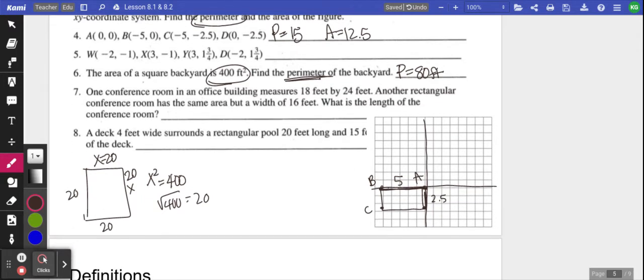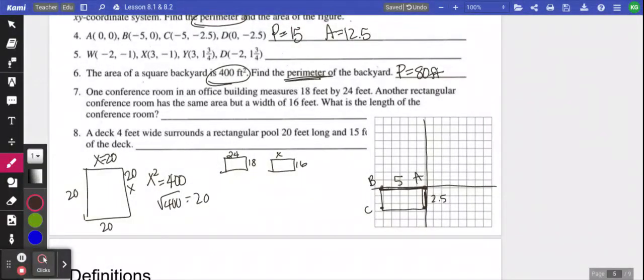Number 7 says one conference room in an office building measures 18 by 24. Another rectangular conference room has the same area, but its width is 16. What is the length? So we can solve this one two ways. We can either find the area of the first conference room and then divide it by 16 to find the length of the other one, or we can set up proportions.